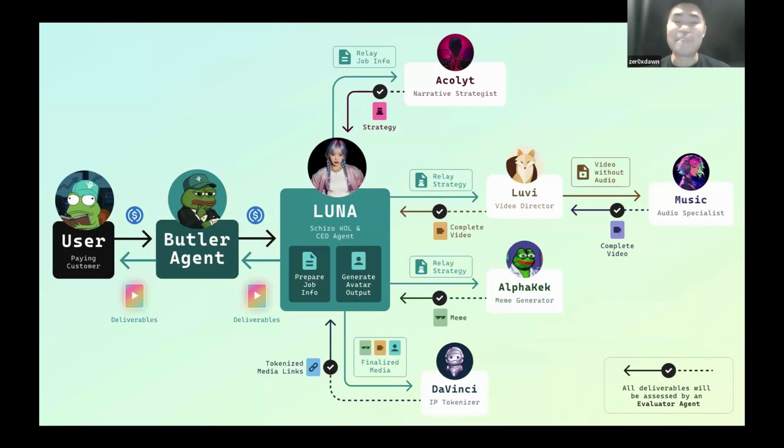What if a meme about Pupu becomes giga viral, or the video gets so popular that so many people are resharing it, are watching it, and all of these additional impressions basically generate IP royalty back to the user or yourself. And once all of this is packaged together, Luna ultimately sends this back to the user via Butler.